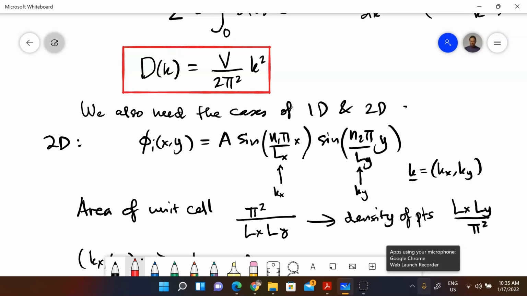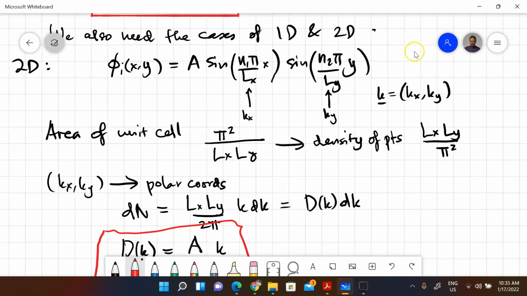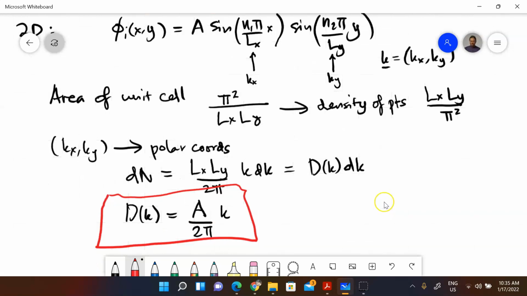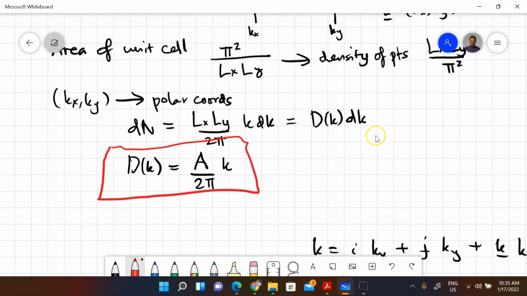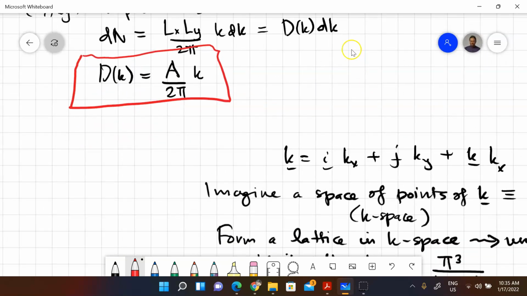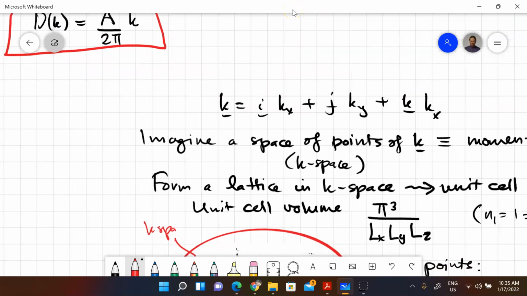Here you can see the dependence on your k is a quadratic one. Over here, in the 2D case, it's only a linear dependence. And for 1D, I'm just going to write the results.